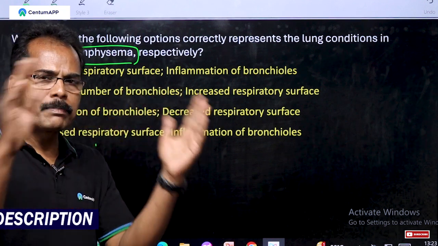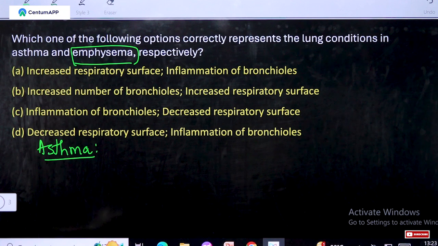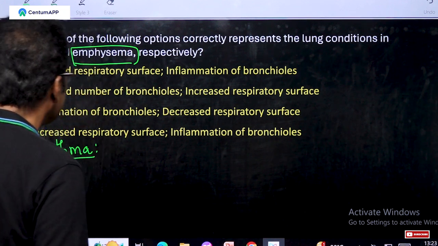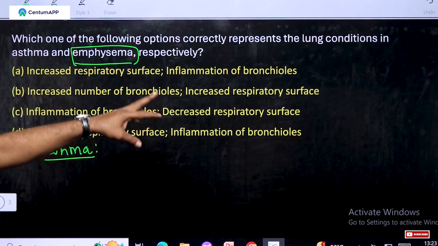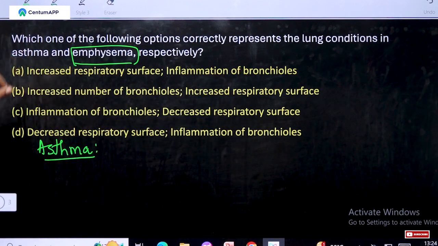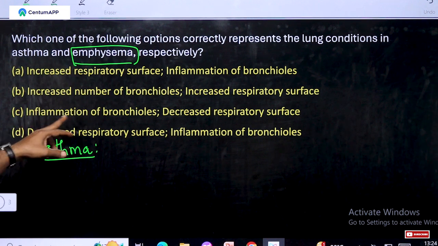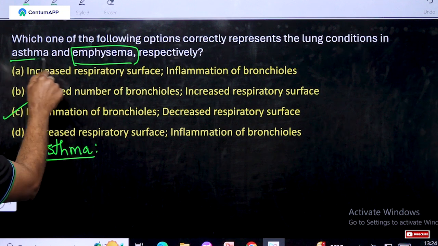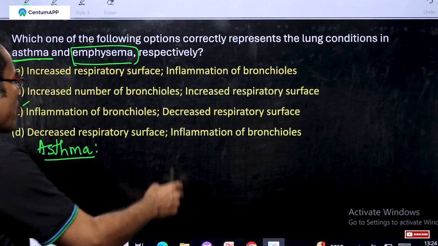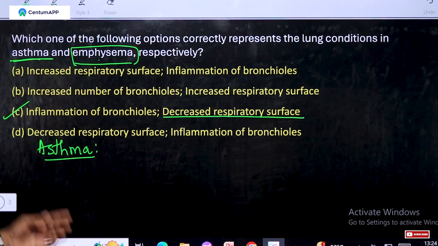The respiratory membrane in the walls and alveoli gets ruptured and damaged. So, inflammation of bronchioles is correct for asthma, and decreased respiratory surface is related to emphysema. So, our option is C.